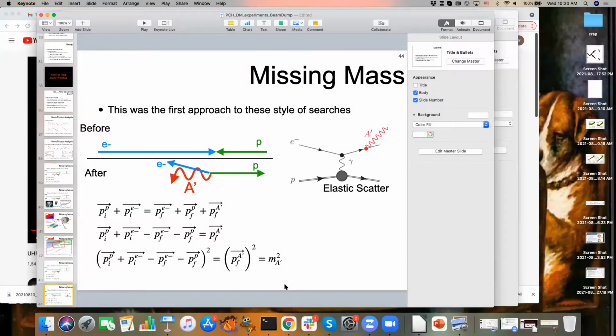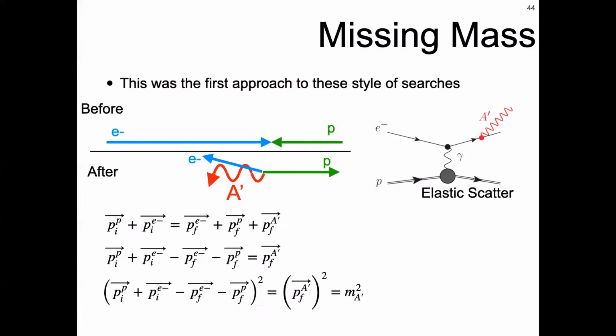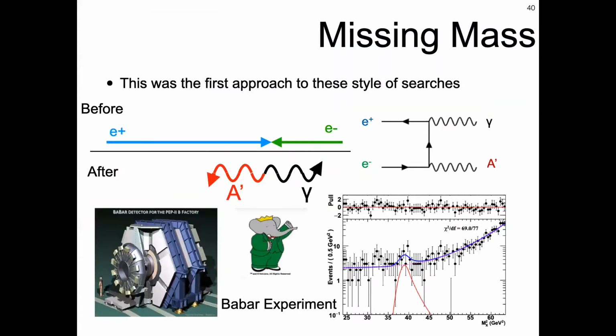Sorry, yeah. For this missing mass in the e+ e-, do you know why my background seems to be rising as I go to higher missing mass? Yeah, let's see. Actually, I'm not sure.